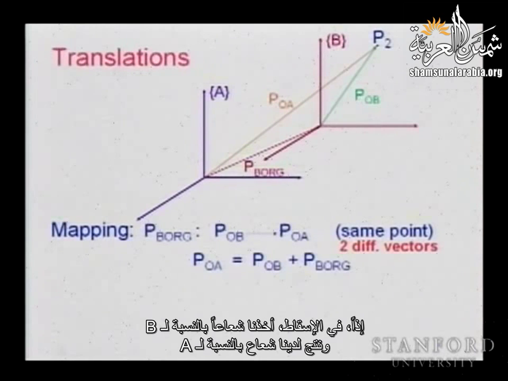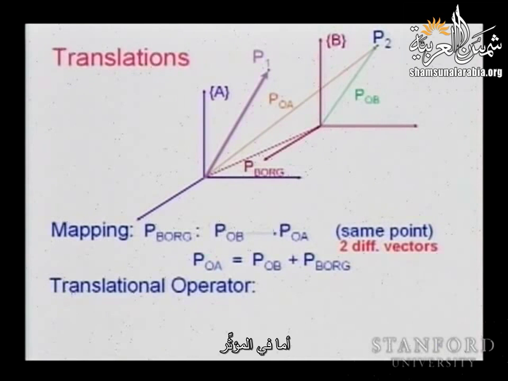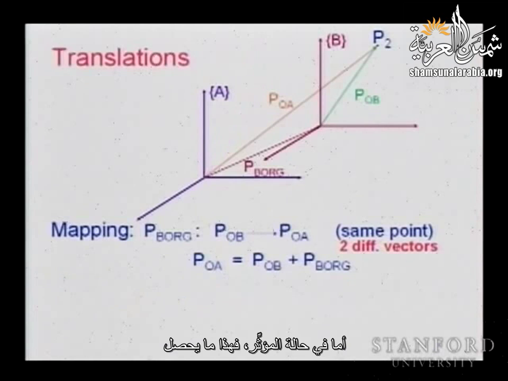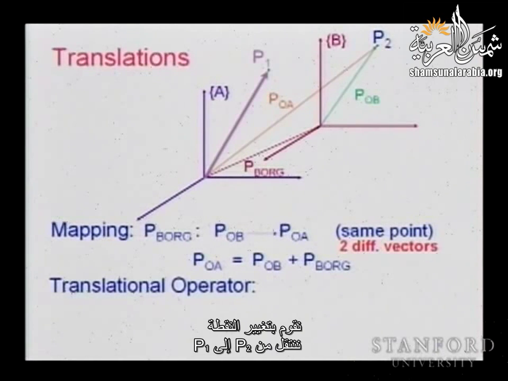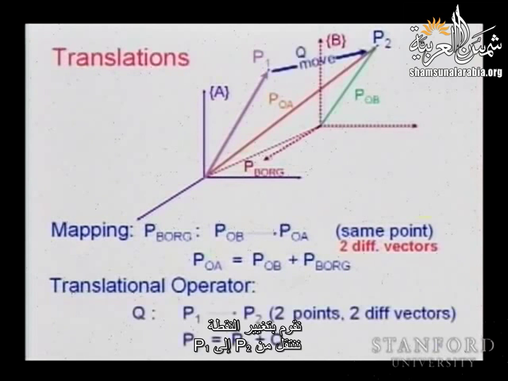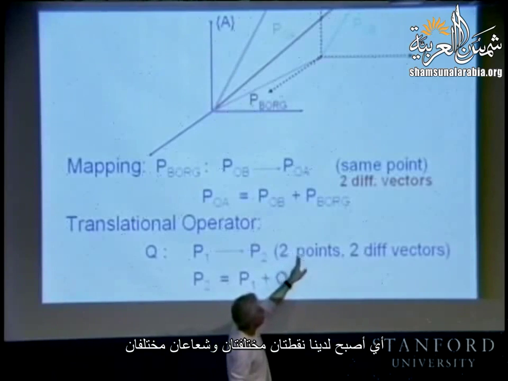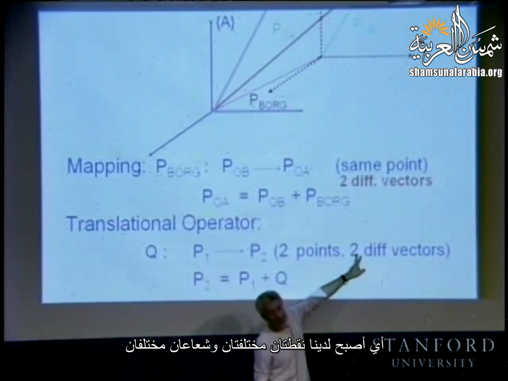In the mapping, we took the vector with respect to B and produced a vector with respect to A. In the operator, we are changing the point. We're going from P2 to P1. So this point P1 moved, and we have two different points and two different vectors.